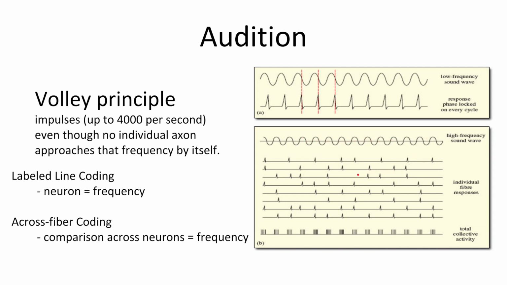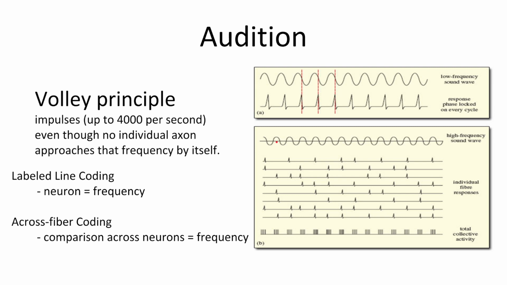However, if you have a neuron onto which these things converge, so in other words, it's listening to the output from all of these individual neurons, collectively their signals might be able to approximate the input frequency. So it's thought that through some combination of place theory, frequency theory, and this volley principle, we are able to decode these differences in the frequency and amplitude of these compressions of air.